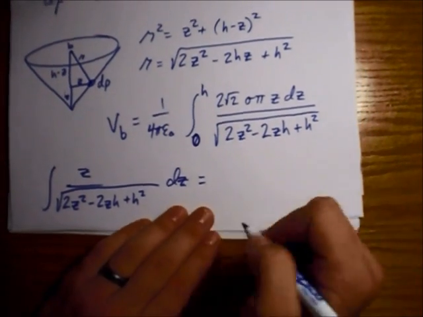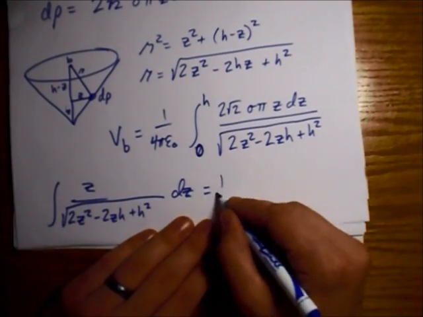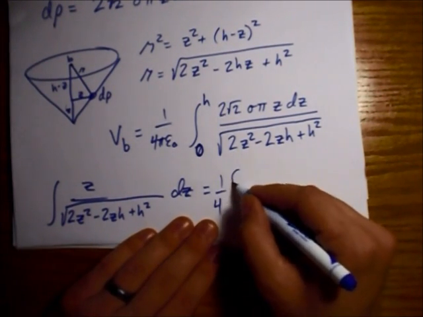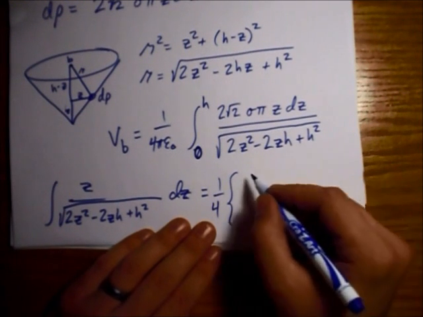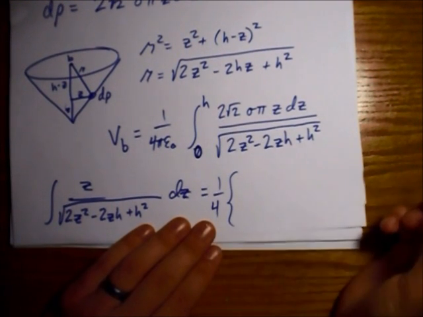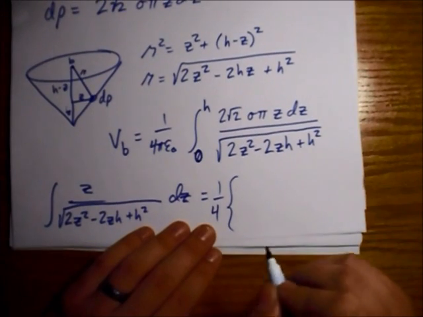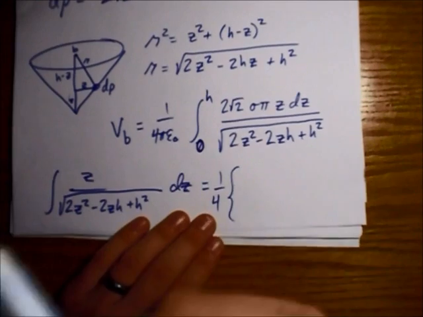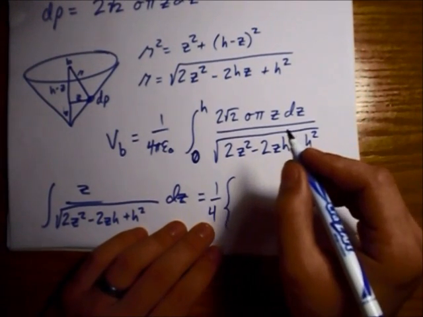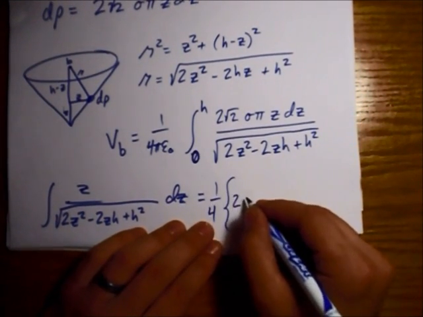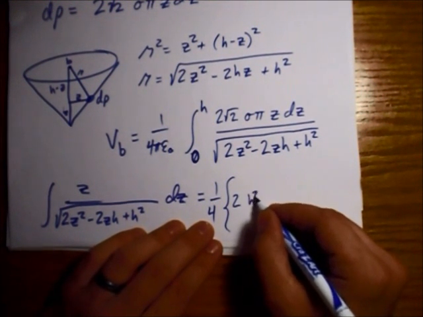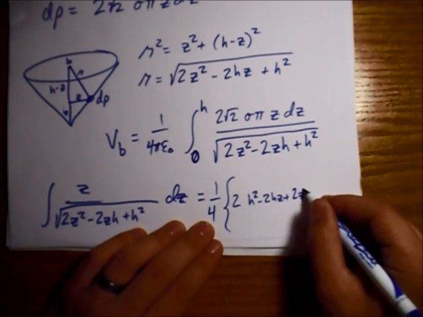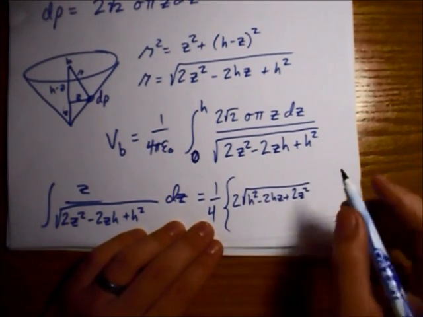So after putting this into Wolfram Alpha, we get a 1 over 4. And then this is probably not enough space to write this. I will do this in 2 lines maybe, so just be aware of that. So we have a 2, we have our h squared minus 2hz plus 2z squared, all under a square root.